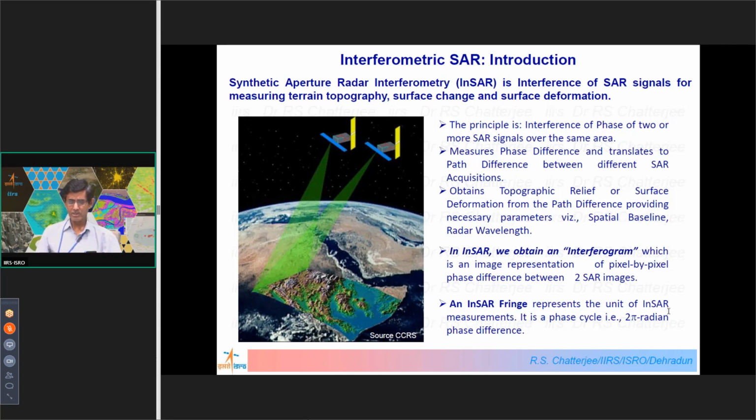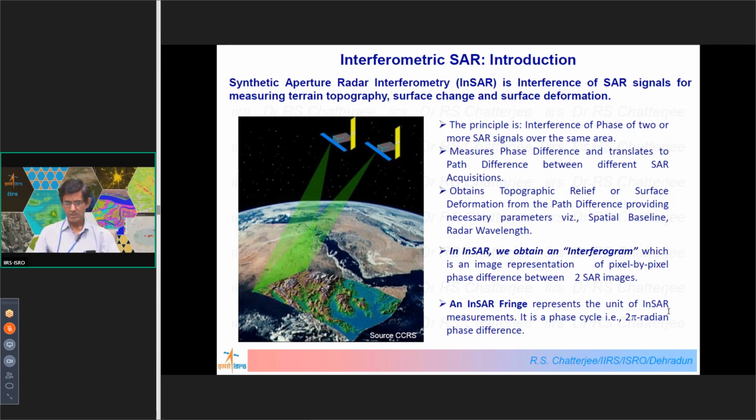From this interferogram, the phase difference can be translated into the path difference between different SAR acquisitions, and from the path difference, it can give you the terrain topography and, most importantly, the displacement of the Earth surface.